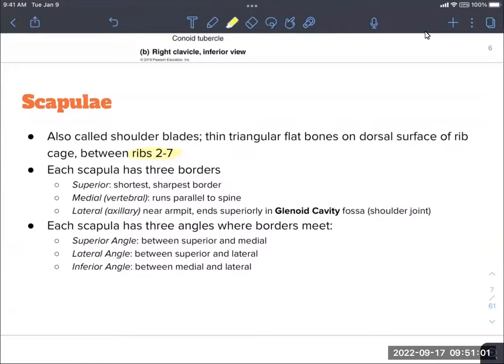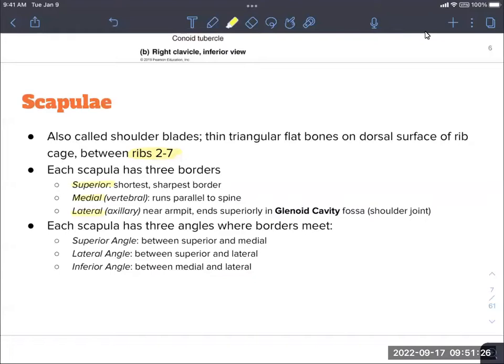So if we look at the three borders here, we have the superior, medial, and lateral. Superior means up, so it faces up. The medial side runs parallel to that spine. It is a pretty straight line actually at the medial side.